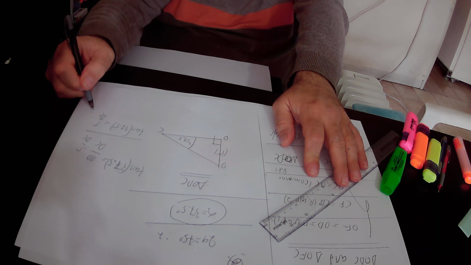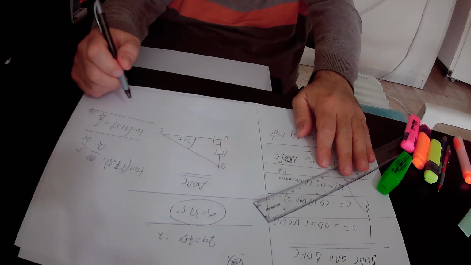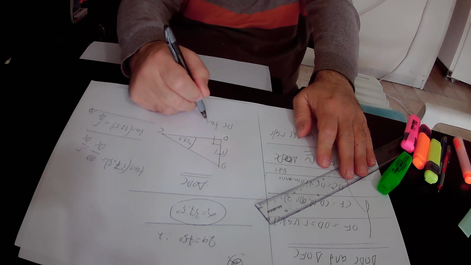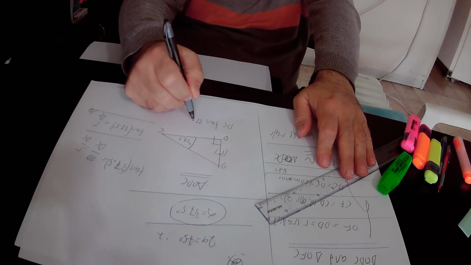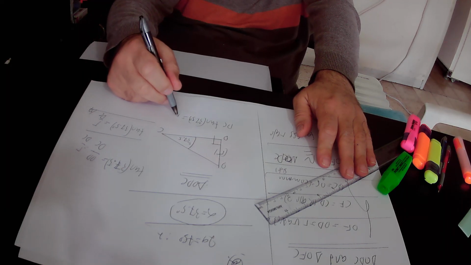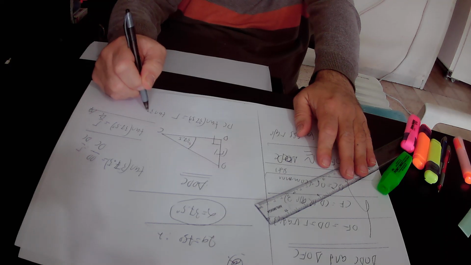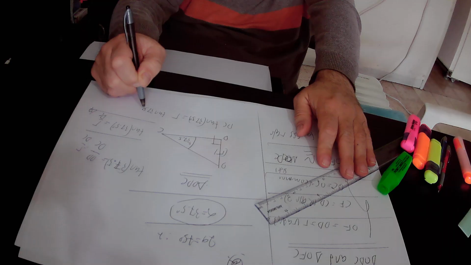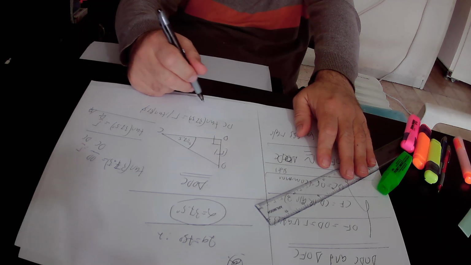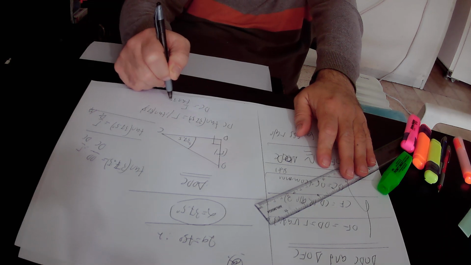Here we multiply this equation by DC and we get that DC times tangent 37.5 degrees equals R. Here we divide this equation by tangent 37.5 degrees. And finally we get that DC equals R over tangent 37.5 degrees.